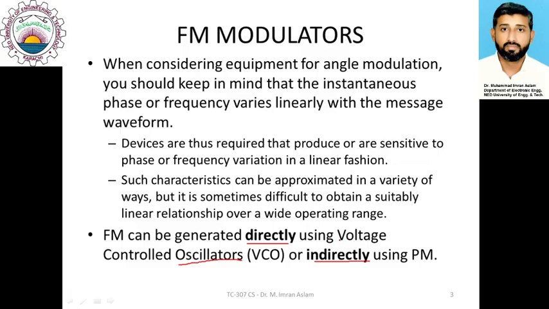This is generally called a voltage controlled oscillator, which generates the frequency depending on the input voltage. In the indirect method, FM is generated by using phase modulation. So first we generate a PM signal and then we try to increase its frequency deviation in order to get the desired FM signal.